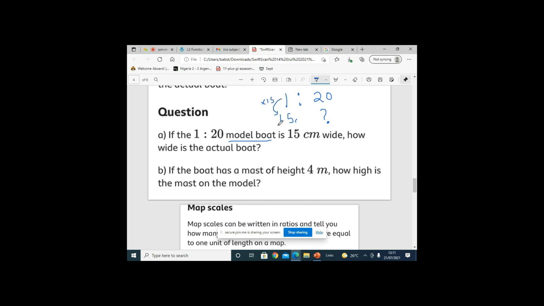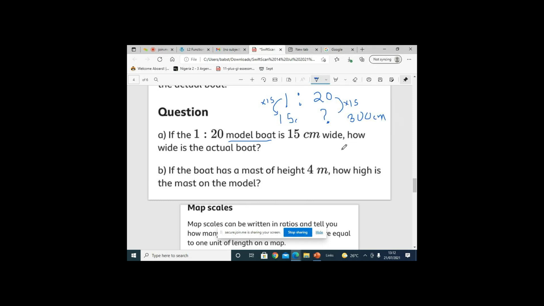Ratios always have common multipliers. So the 20 will now be times 15. 20 times 15 gives you 300. So the boat is 300 centimeters in real life.